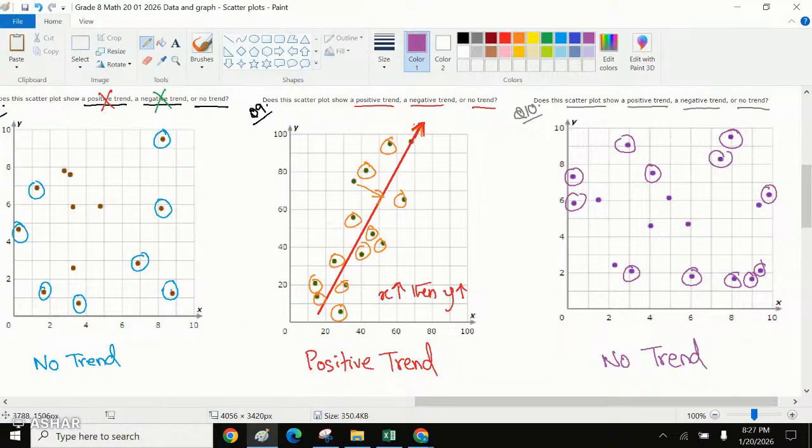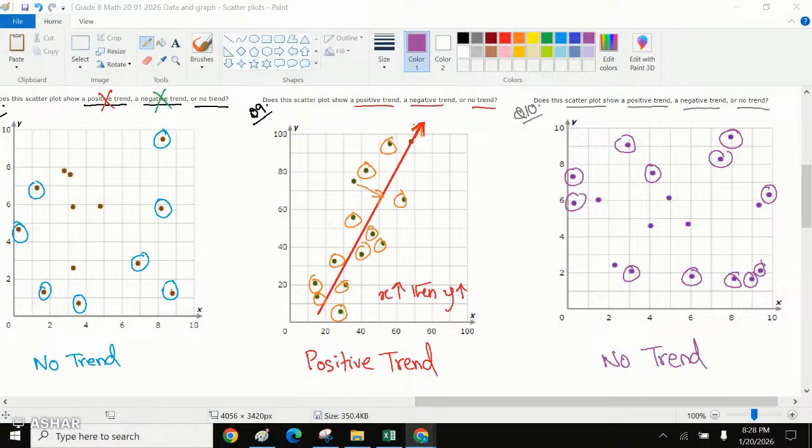No trend would be someone eating ice cream compared to someone eating a pizza, right? That means the sale of pizza and the sale of ice cream are not dependent on each other. But in a positive trend, we can say the sale of ketchup is positively related to the sale of pizza or burgers. If they make more burgers, they use more ketchup.